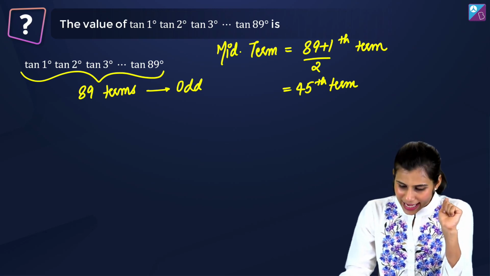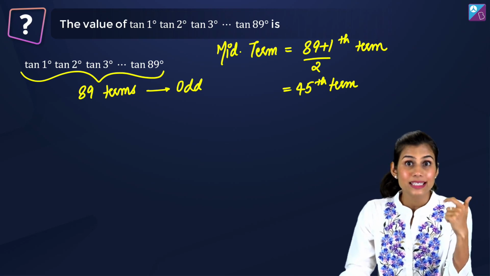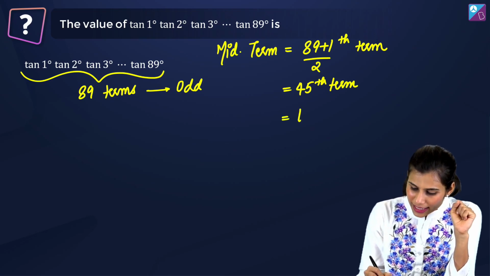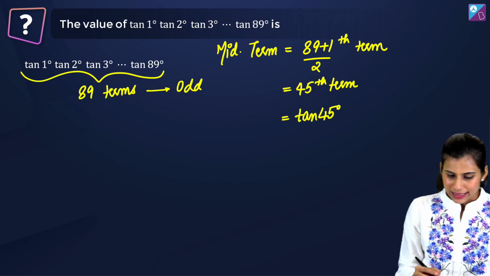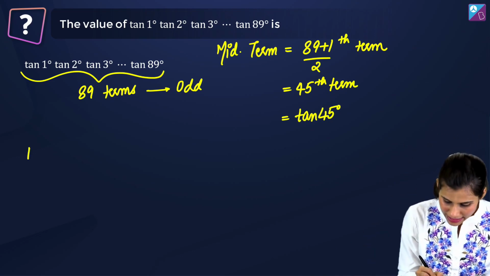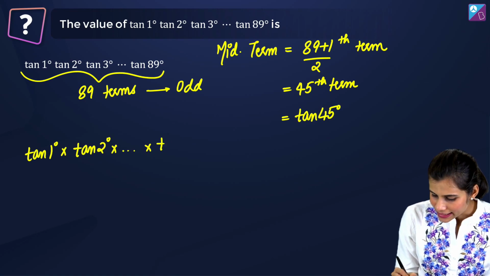Alrighty. Now, if the first term here is tan 1 degrees, the second term is tan 2 degrees and so on, obviously the 45th term will be tan of 45 degrees. So this means that I can write my original expression as tan 1 degrees into tan 2 degrees into and so on till tan 44 degrees.